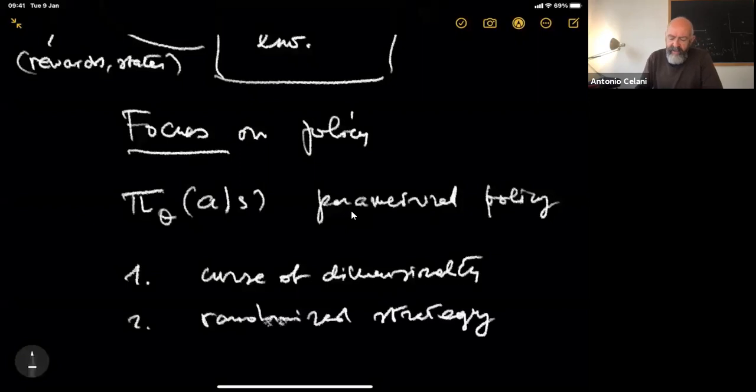So what do I mean by that? If you run an algorithm like SARSA or Q-learning with function approximation, you will be focusing your attention a lot on policies that are nearly deterministic. So you pick the argmax of your Q, and then you allow for small exploration around that action.